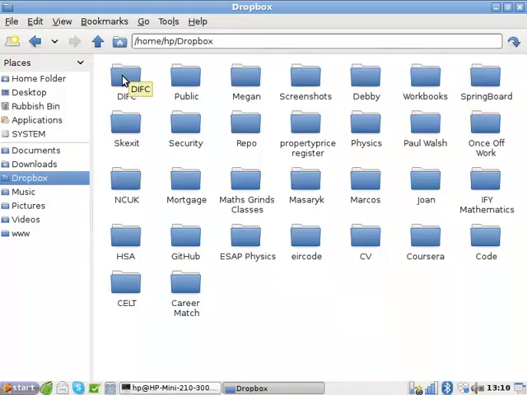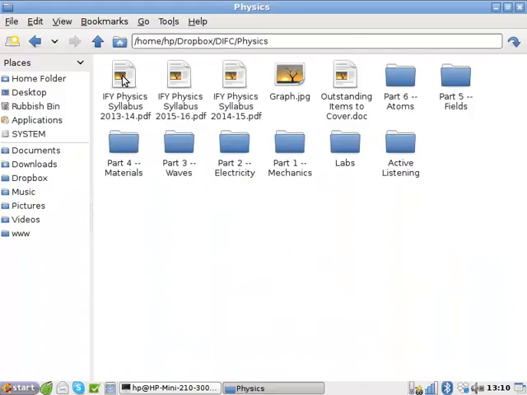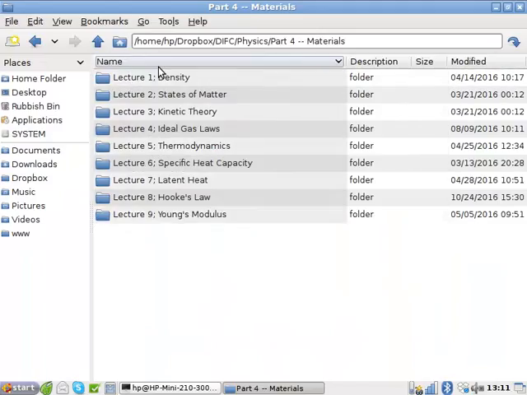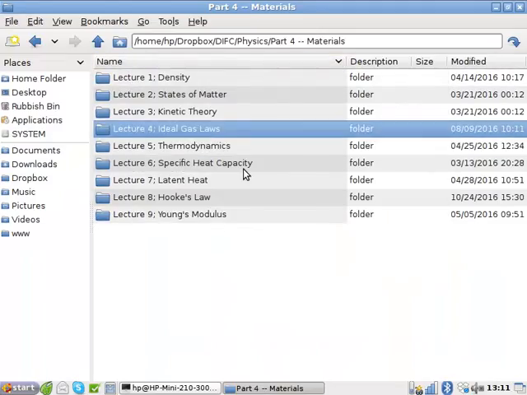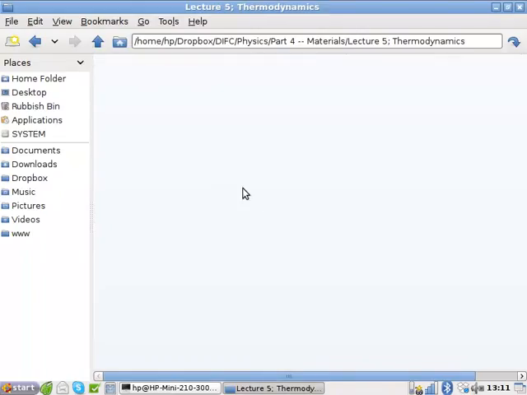What am I doing? DIFC, physics, materials, and that is the lesson. I have it. You have them open? Yeah. Okay. Well, it's still loading for me, so I'll just open it as well anyways.